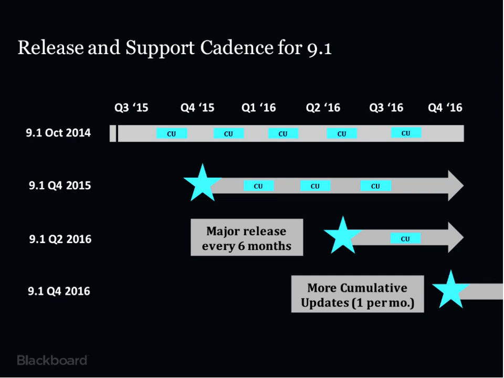Previously, those used to come rather infrequently, but we're now in a cadence where those are generally released about once per month for currently supported versions of Blackboard Learn 9.1. So you can see here our planned cadence for those releases, as well as the period of time that we would be supporting a given major release.